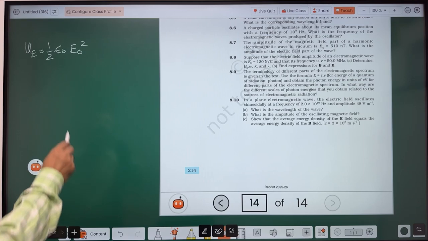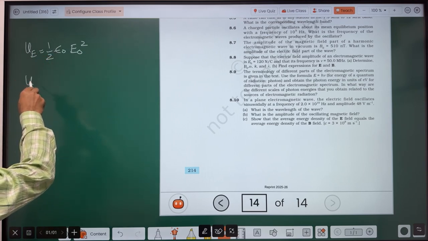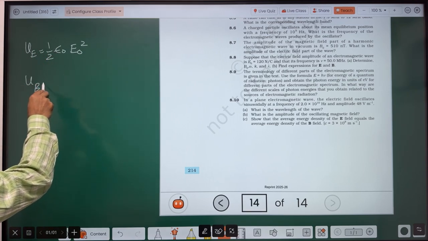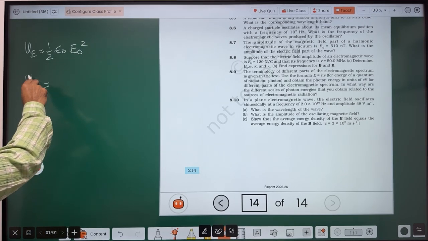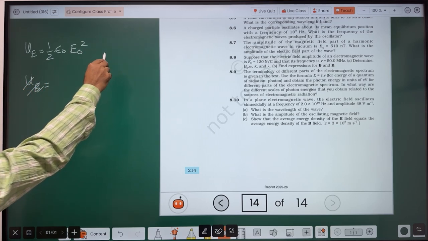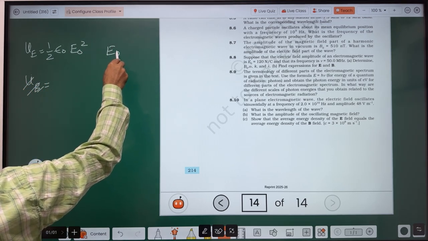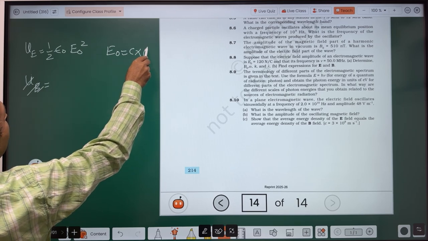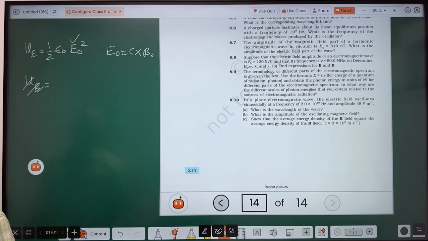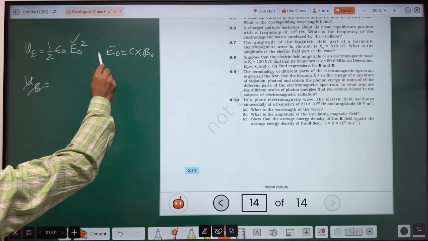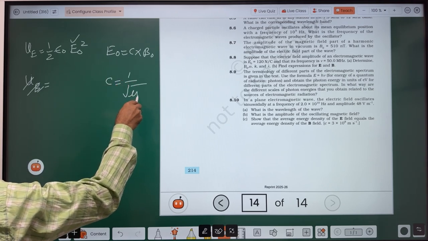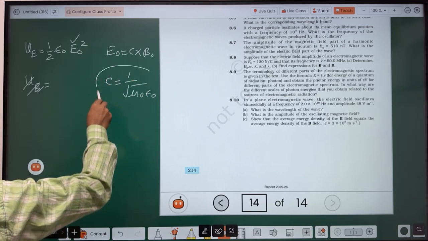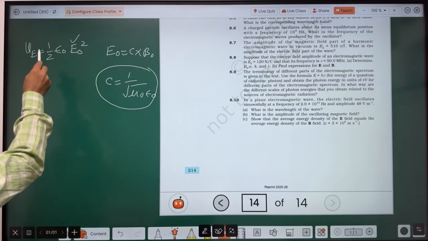Now we have to convert it in terms of average energy density in magnetic field. So here directly we should not write UB. Let's convert it by E0 equal to C times B0. We replace this E0 by this value, and one more concept we have to make use of, C equal to 1 over root of mu naught epsilon naught, and let's see what we get.